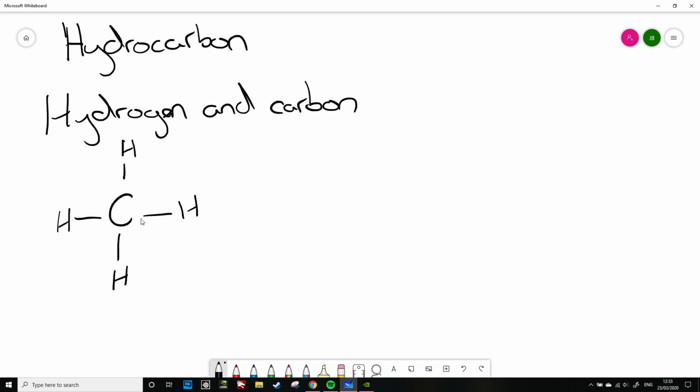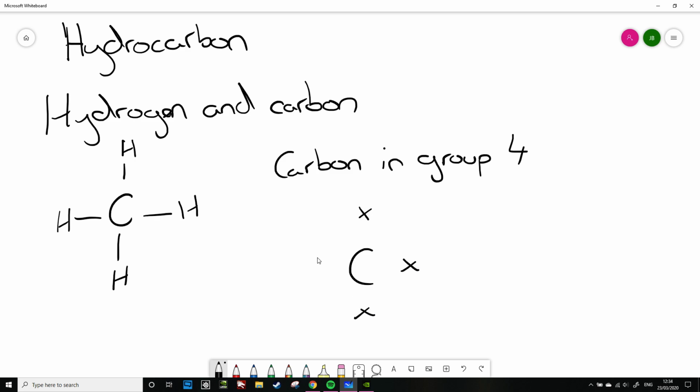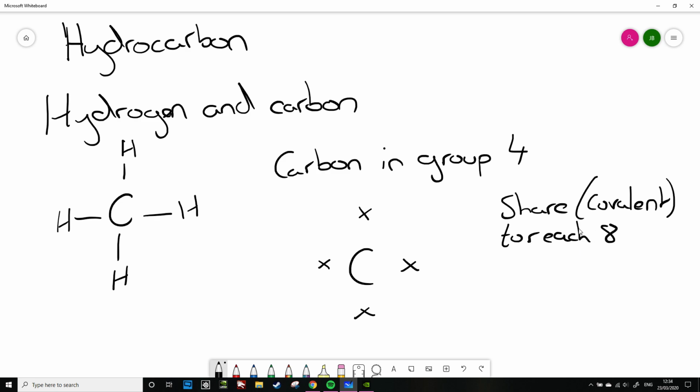Now carbon is in group 4, and that means it has 4 electrons in its outer shell. 1, 2, 3, 4. I haven't drawn the circle, but as you can imagine. Now it wants to share, so it's covalent bonds, to reach 8. So hydrogen each has 1.